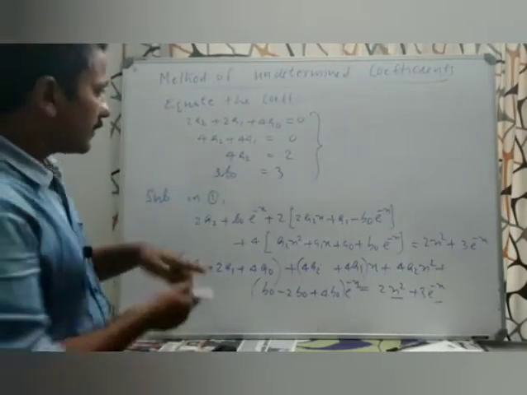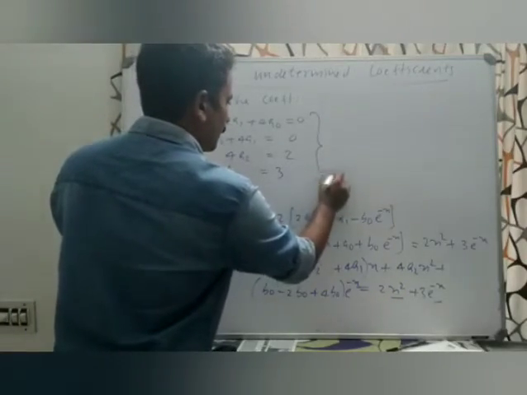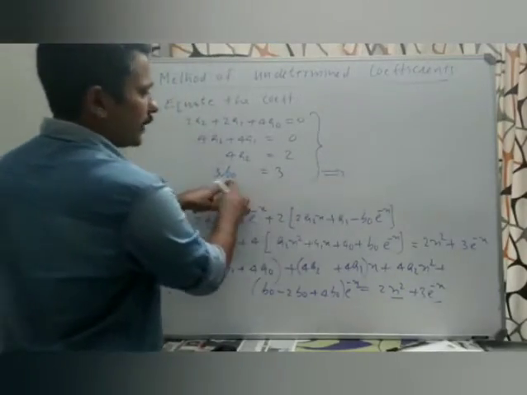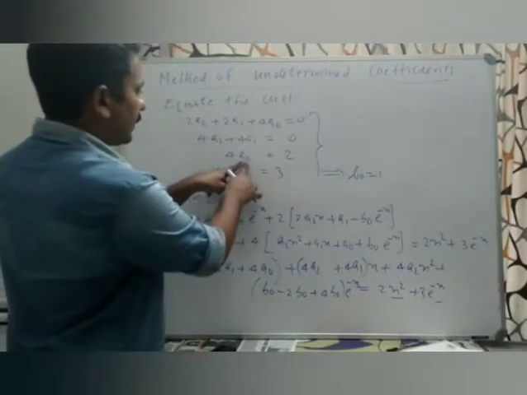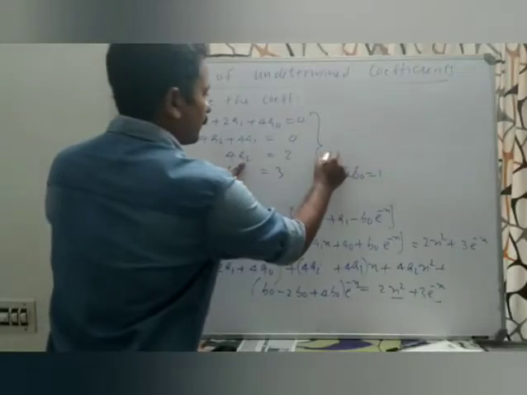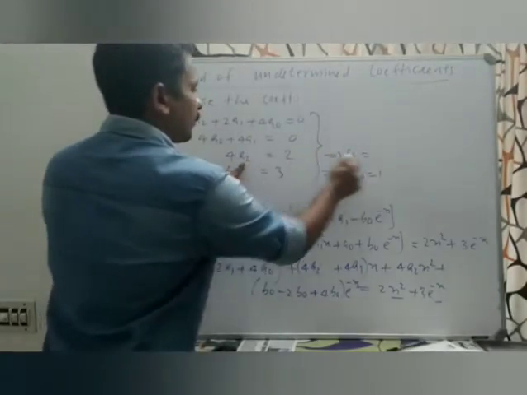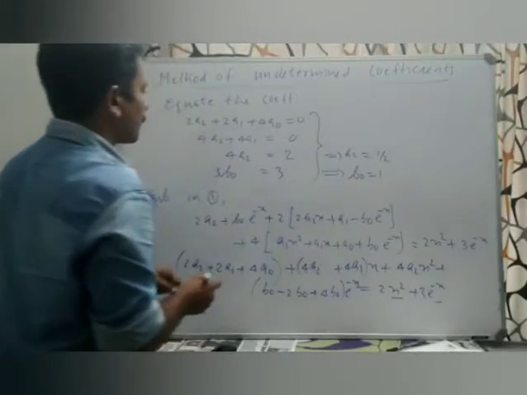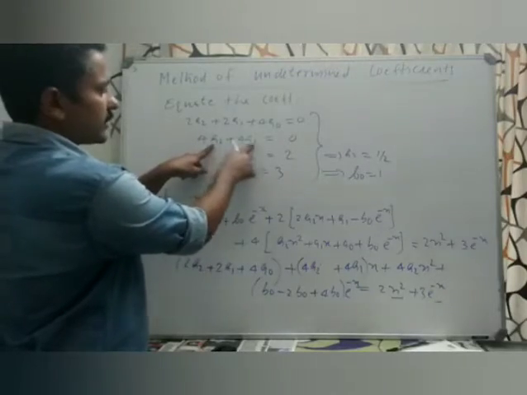For example, from the last equation you will get b0 is equal to 1, right? And from here you will get a2 is equal to 1 by 2, right?